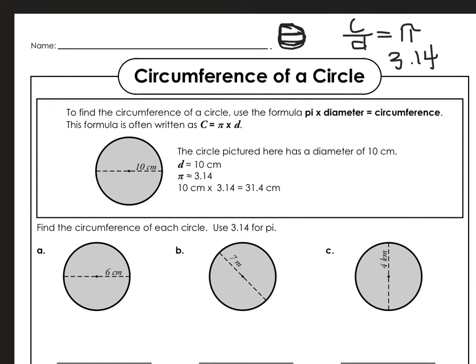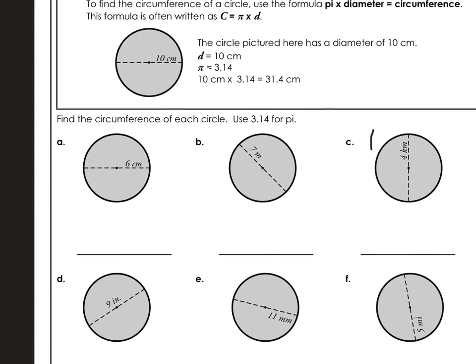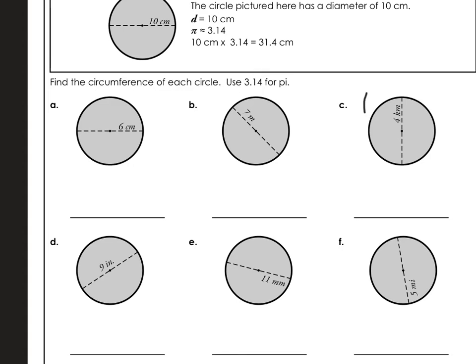So if we look at this first problem, it says find the circumference of each circle. Use 3.14 for pi, so we'll use 3.14. My diameter is 6, so all I've got to do in my calculator is go pi times 6, or 3.14 times 6.